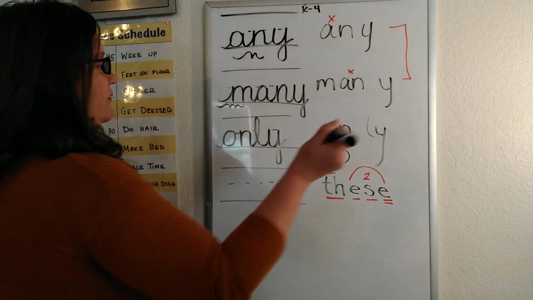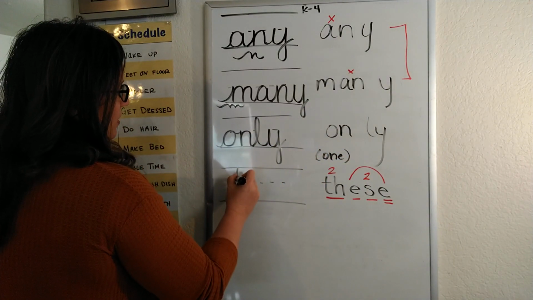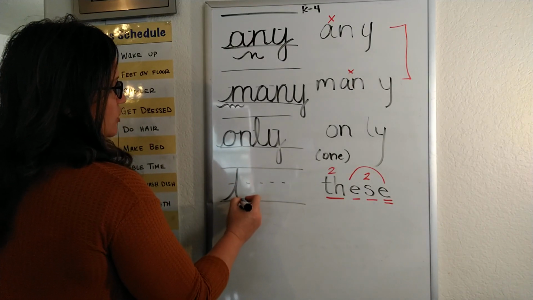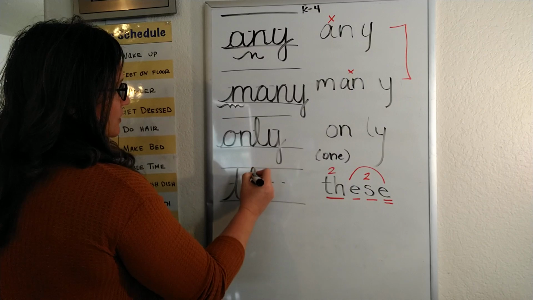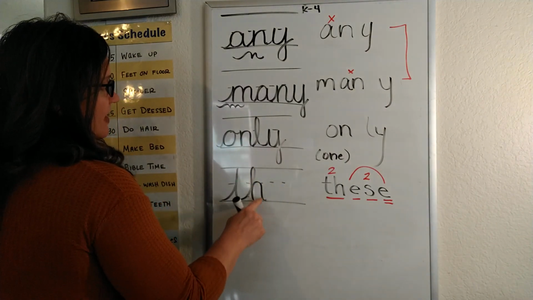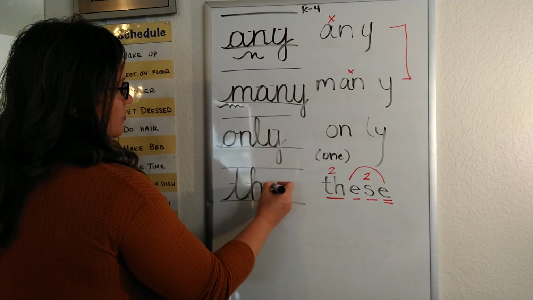Let's do some cursive. T is an uphill, all the way to the top, all the way to baseline. H is a loop letter, loop to the top, straight down, bump at baseline, bump at midline, back to baseline, and a little tail. E is a small loop letter.